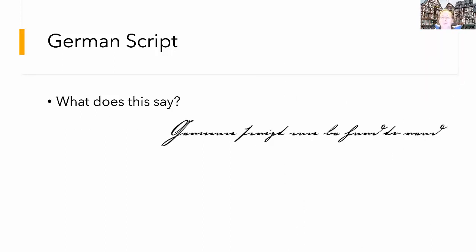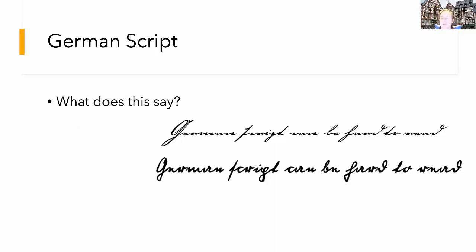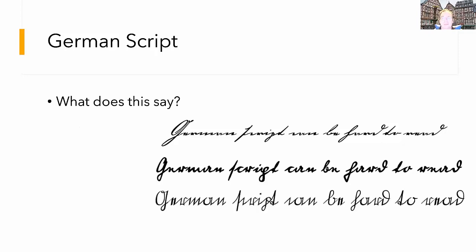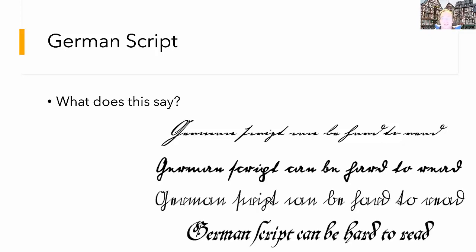And so, if I look here, can anybody read this? How about that one? There's another one. And then there's another one. The last one is the Fraktur, and you might be able to see that it says German script can be hard to read. Well, every one of those above it says the same thing.